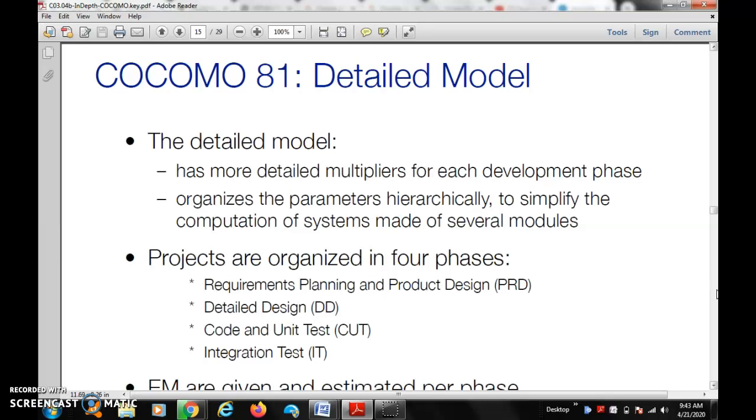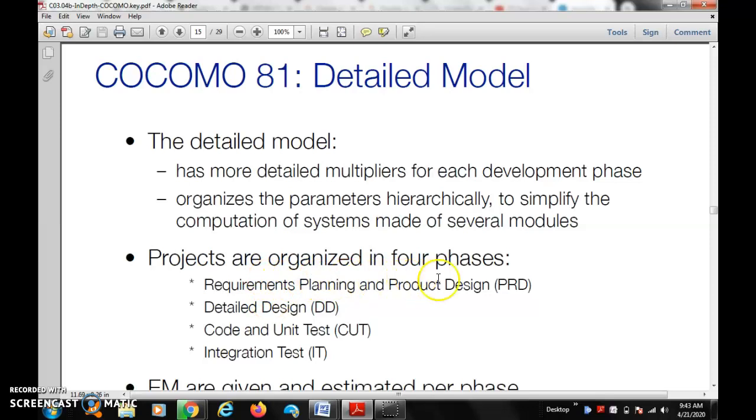So the COCOMO 2 detailed model is also there. It is the COCOMO 81 detailed model. It has a multiplier for each development phase and organizes the parameters hierarchically to simplify the computations of a system made of several modules.